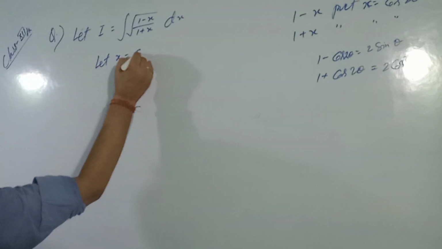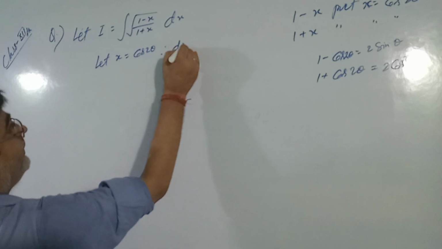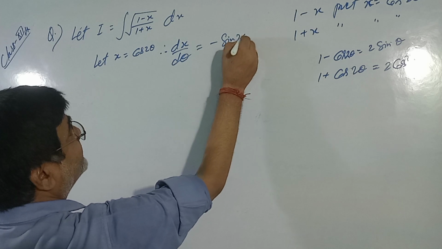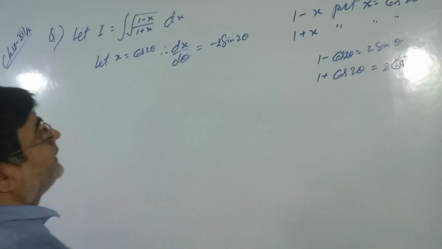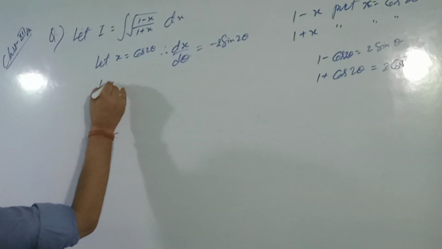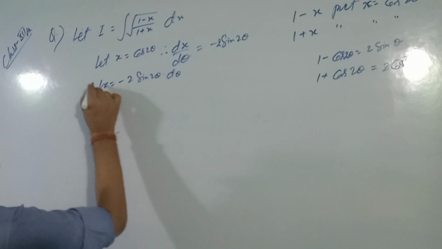x equals cos 2 theta, and dx by d theta of cos 2 theta equals minus sin 2 theta times the derivative of 2 theta, which is 2. So dx equals minus 2 sin 2 theta d theta.